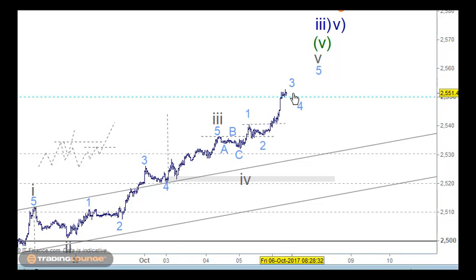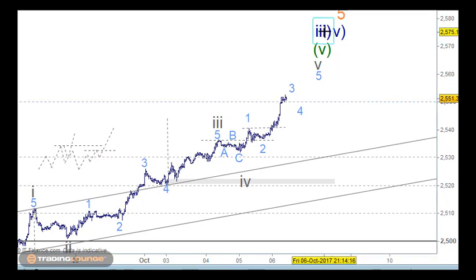But this is the kind of thing we're looking at here as well. This wave 5 here shouldn't be too long. It should be pretty much the same as this length here. All right, I'll just leave it at that.